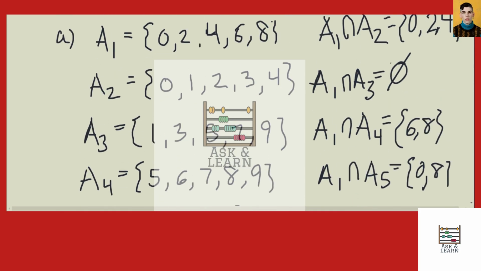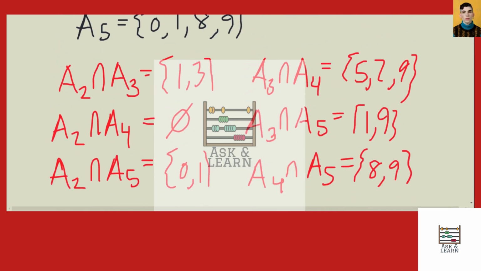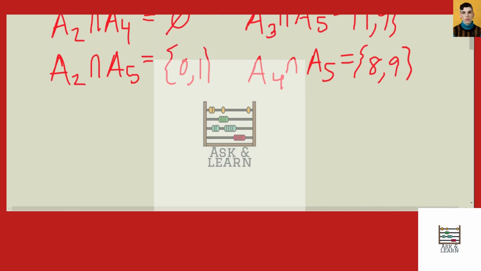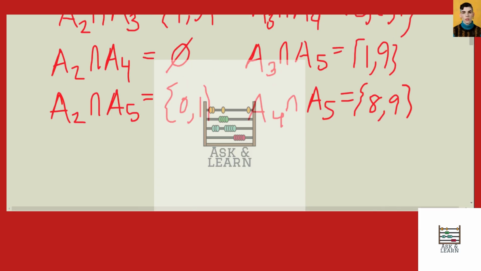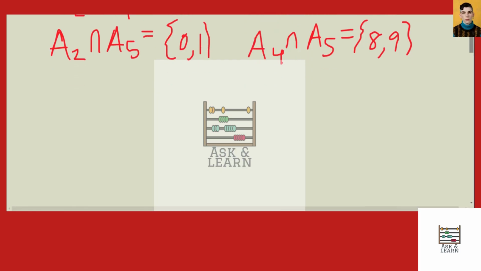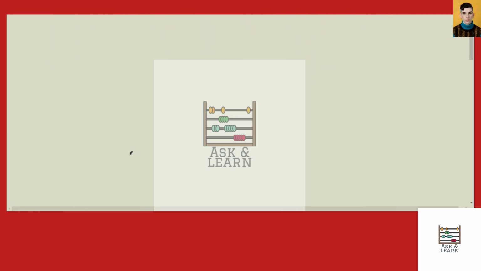And so we see that there are only 2 empty intersections, between A1 and A3, and A2 and A4. And so if we draw the vertices of the intersection graph, these vertices, if I draw them in black, are going to be A1 through A5.